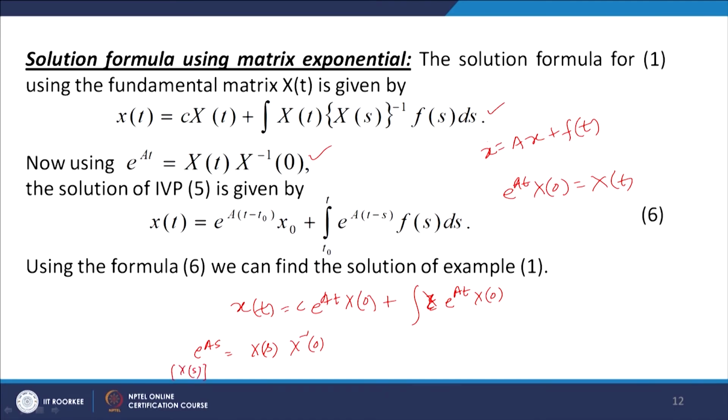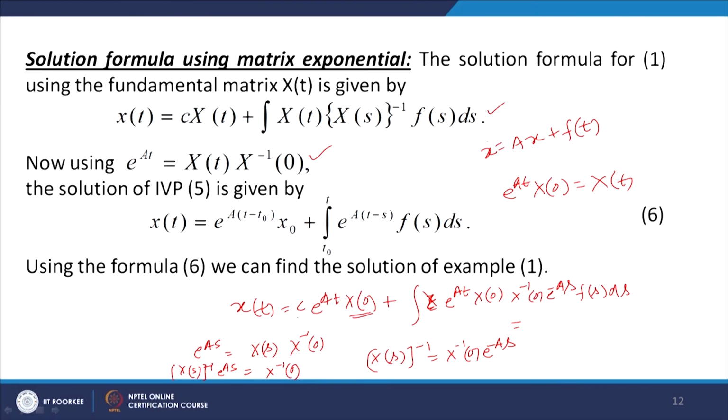So, X(s) inverse e to the power As equals X inverse(0). And X(s) inverse is therefore equal to X inverse(0) post multiplied by e to the power minus As. So, let us put here X inverse(0) into e to the power minus As F(s) ds.